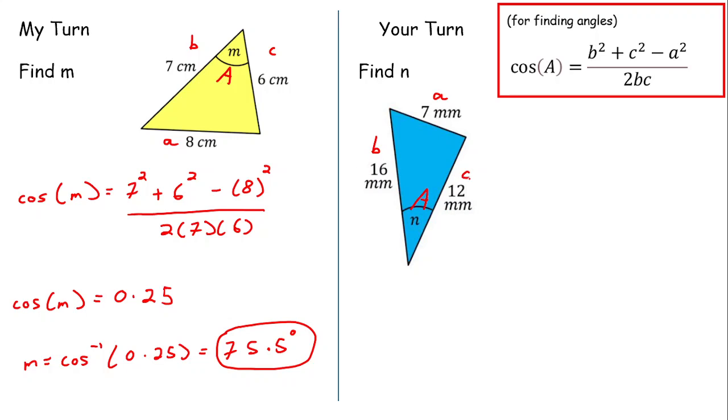And again, it's important to note that we can use the cosine rule here because we're given a triangle with 3 sides. That is when we can use the cosine rule, which is important for finding angles. And then from here, it's just a case of substitution again.